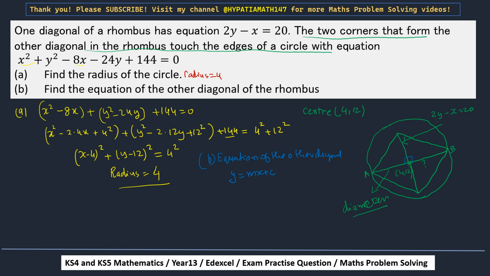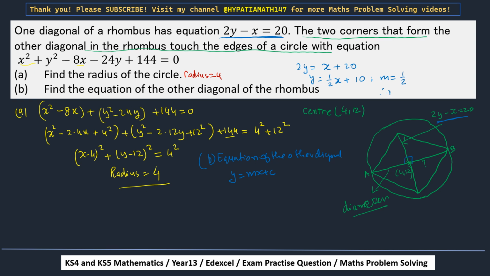So this equation can be written as 2y equals x plus 20, or y equals half x plus 10, which means m equals half.